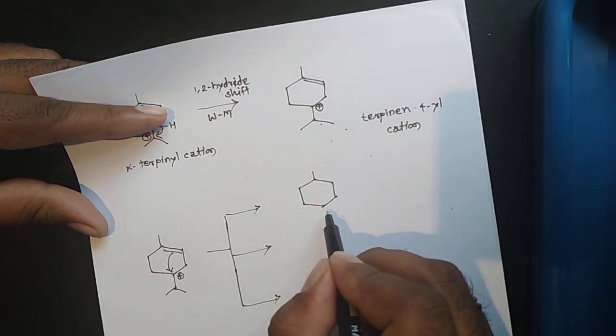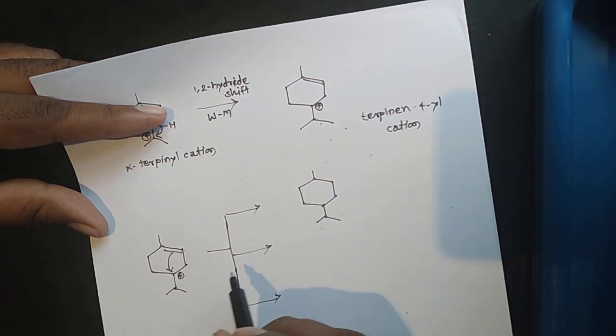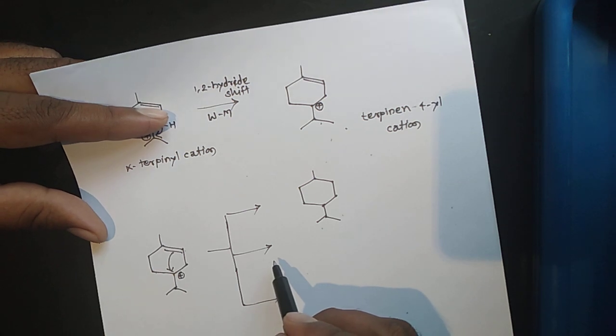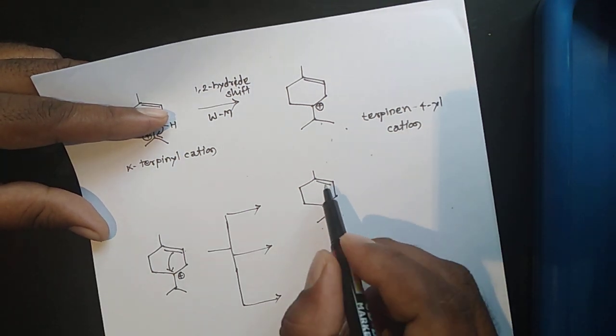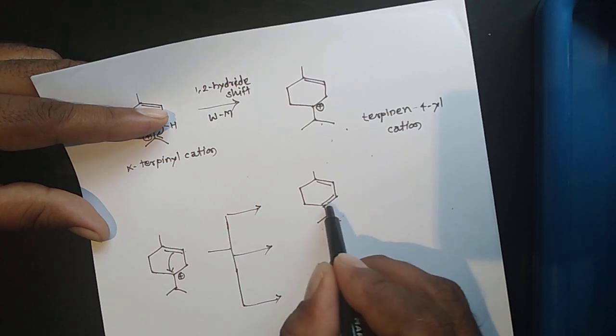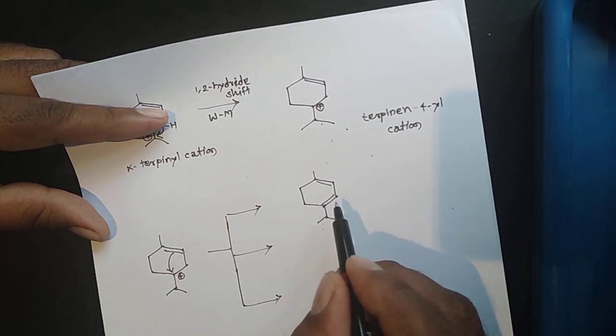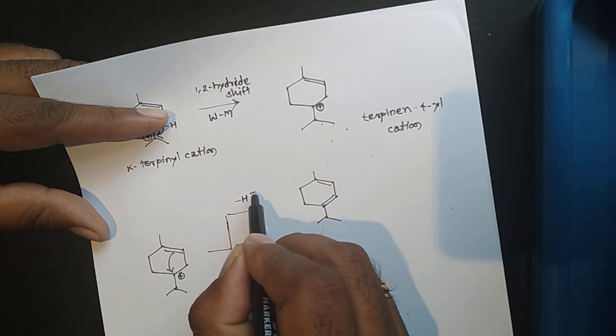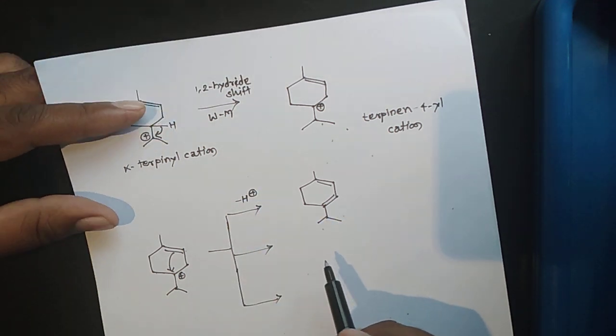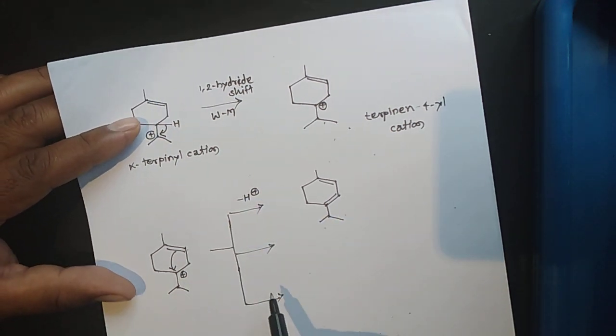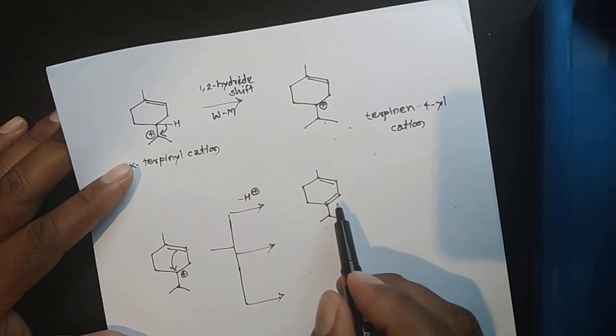One is, there will be a double bond between these two carbons, so one hydrogen will be removed. This hydrogen, this is one compound.